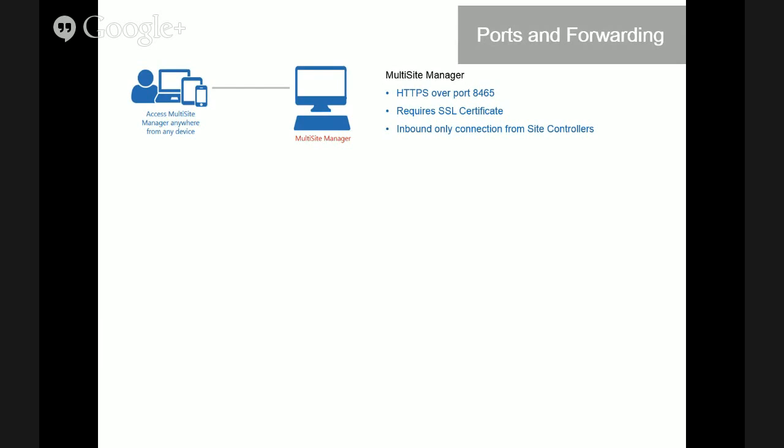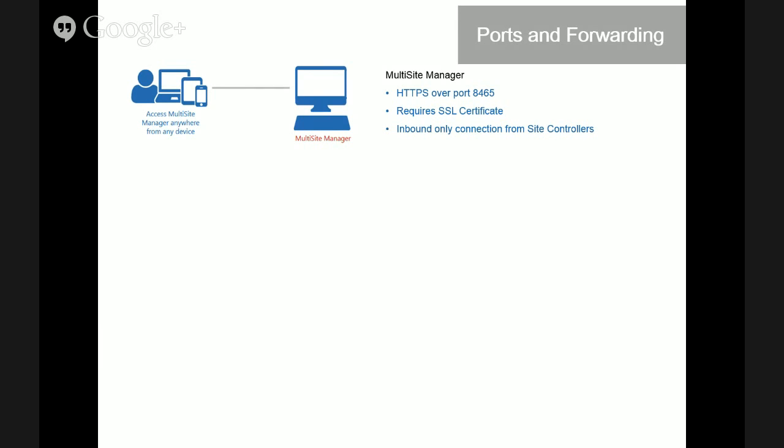Therefore, you will need an SSL certificate on the machine that you install multi-site manager on. That can be a self-signed certificate, and there's instructions on how you can very quickly create that within Windows. Or you can purchase a root trusted certificate and bind the multi-site manager to that as well, if you want to get around any potential license alerts.